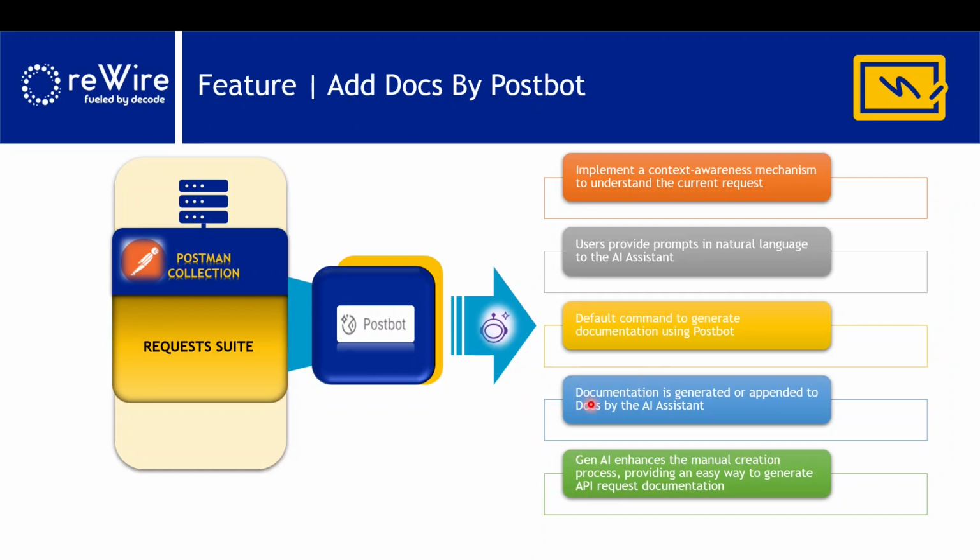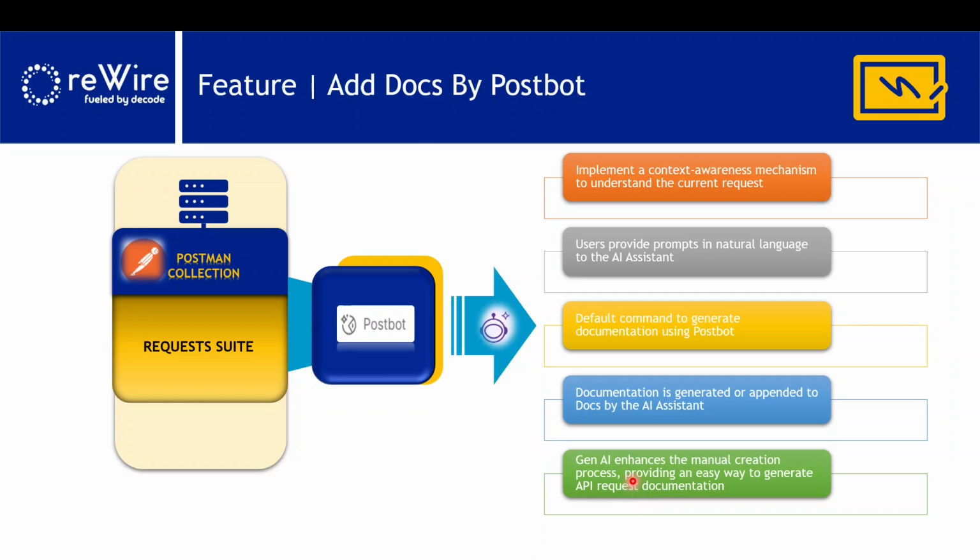So I have listed out a few feature enhancements. Let me see the response from the Postman side. And then GenAI enhances the manual creation process. This is what the stakeholders will look at in project execution, how it can enhance and augment the process.